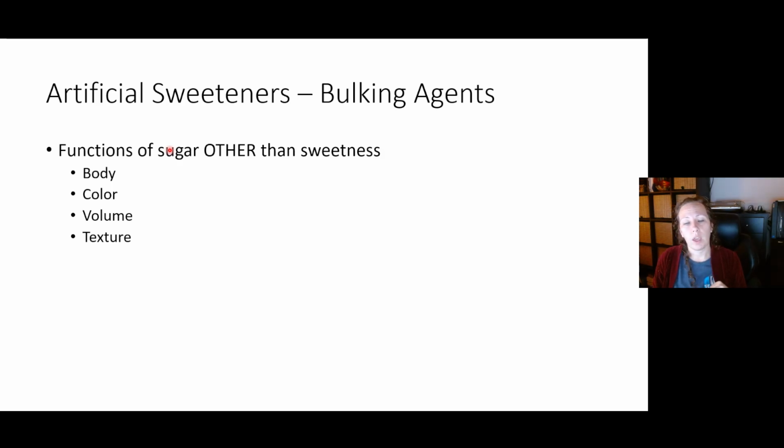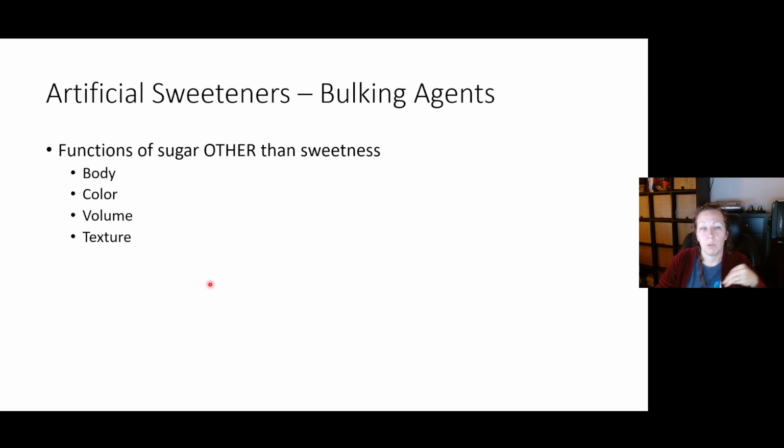And so if we're going to substitute the sugar, we probably need to substitute the other things that provide these functions. We need to add something else to provide these functions, depending on what food we are substituting the sugar in. So like gum, okay, just add a little bit of xylitol instead of the sugar, that's fine.